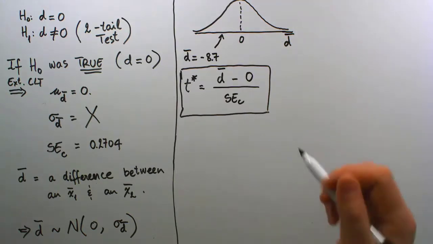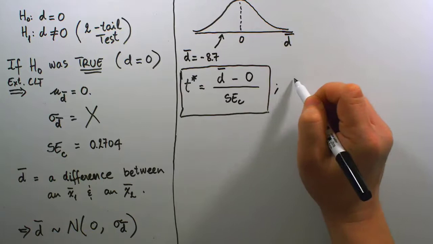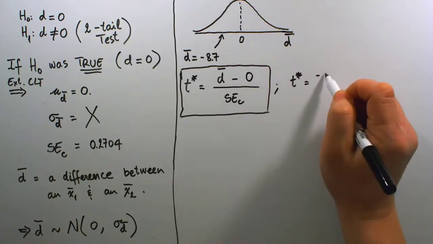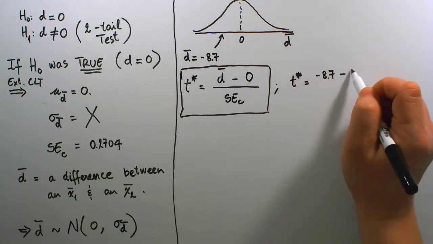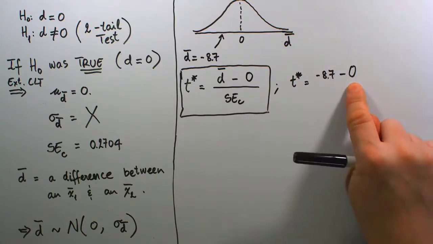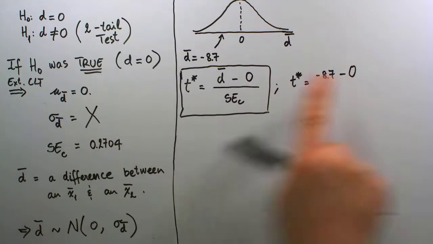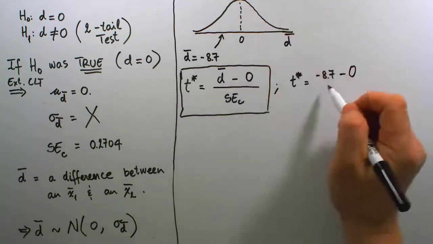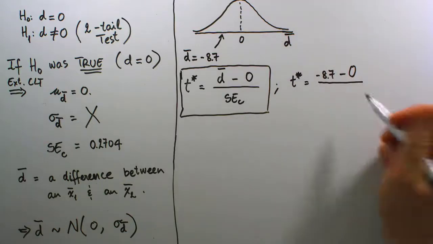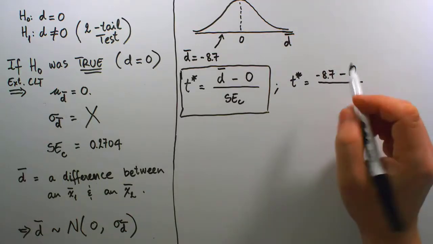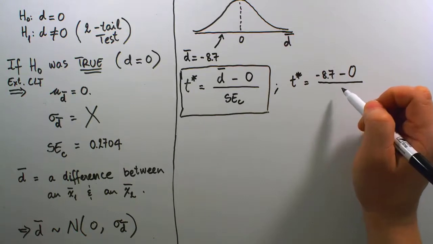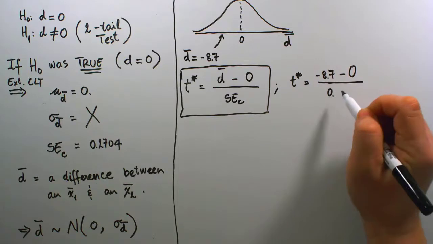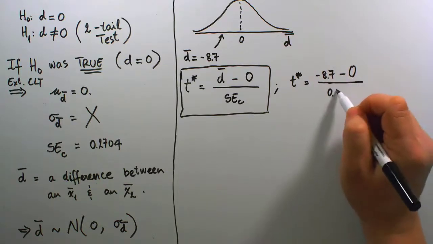And so in that way, t star that we're about to have now is going to be minus 8.7 minus 0, of course. And again, this 0 is because we are subtracting the mean, the center of this bell curve right here. And we divide it by the SEC, which is an approximate to the sigma d bar value. So here in our case, we already had that value for SEC being 0.2704.